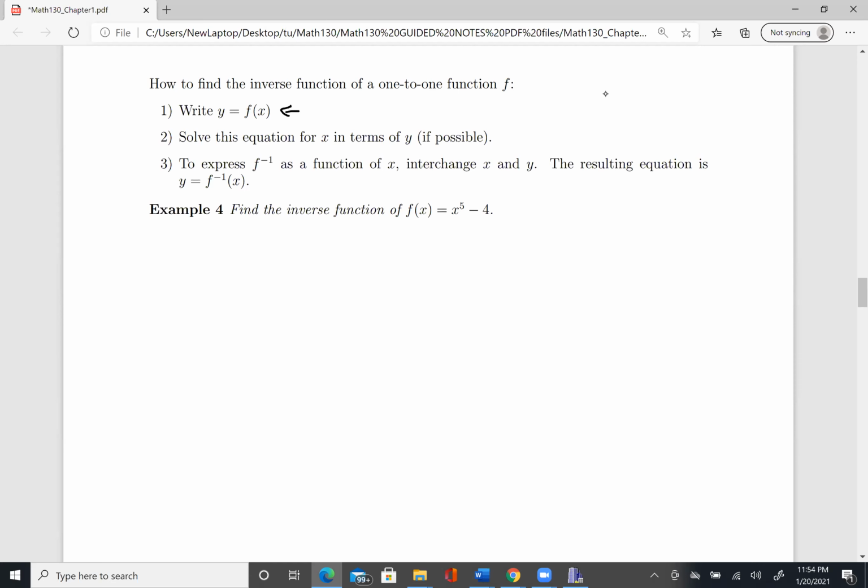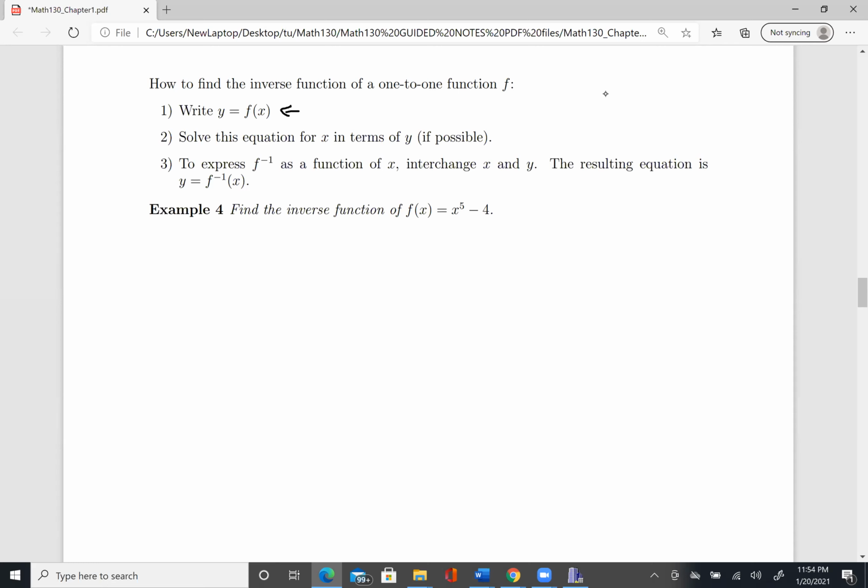And third, to express f inverse as a function of x, interchange x and y. The resulting equation is y equal to f inverse of x. So let's follow these 3 steps and solve example number 4.